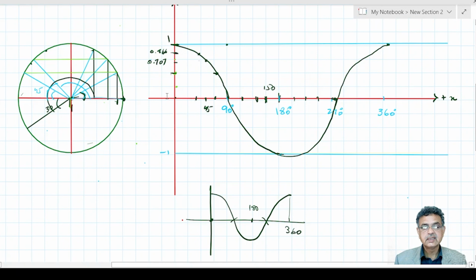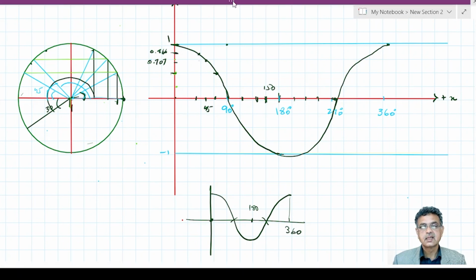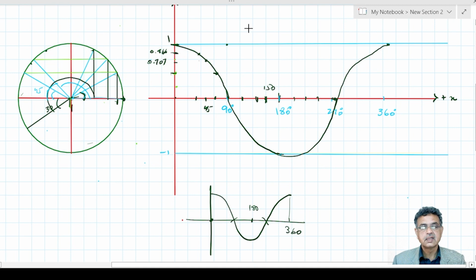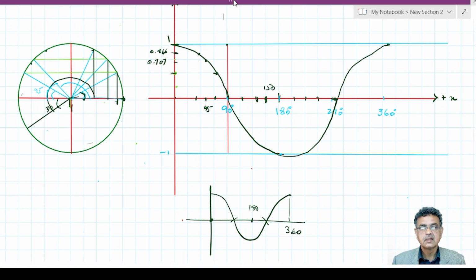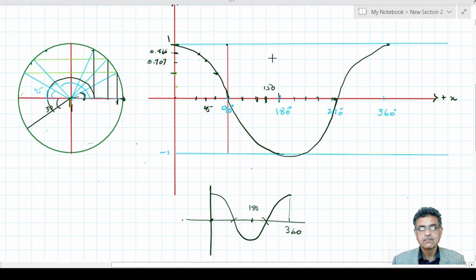And further, you can see that these are four quadrants. This is the first quadrant. This is the second quadrant.